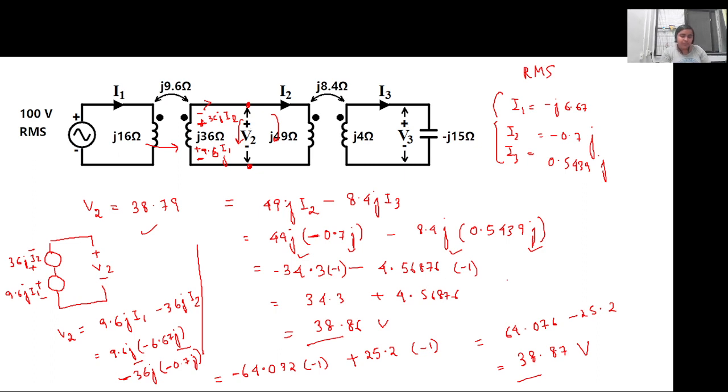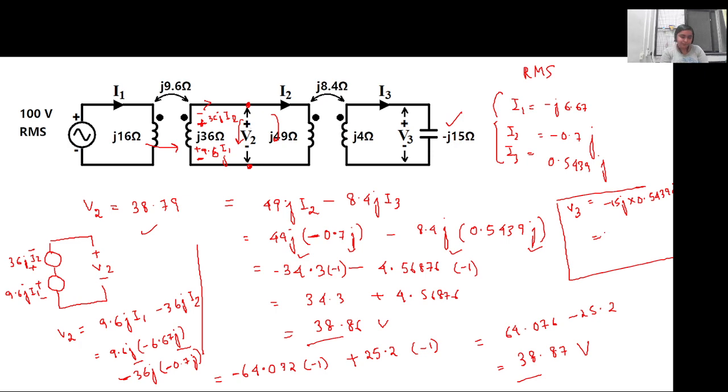So okay, V3 you guys calculate. 8.0235, 8 point something. V3 you can just calculate using this capacitor. It will be easier, just one calculation. So V3 will be equal to minus 15j into I3, which is 0.5439j.